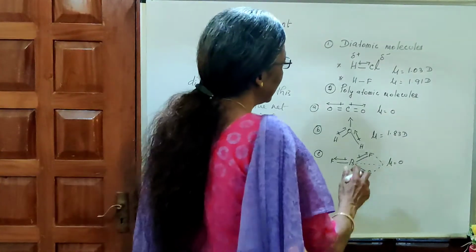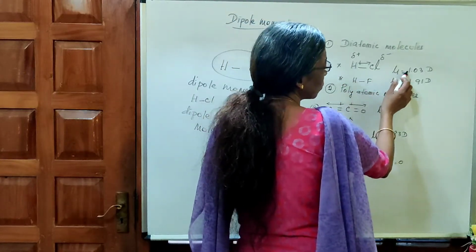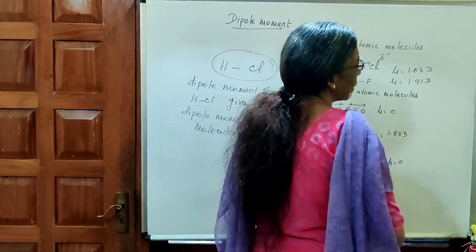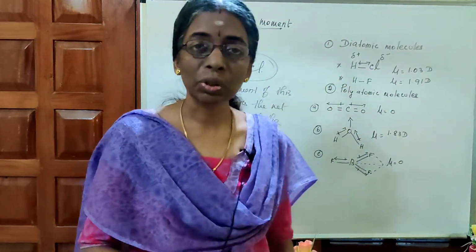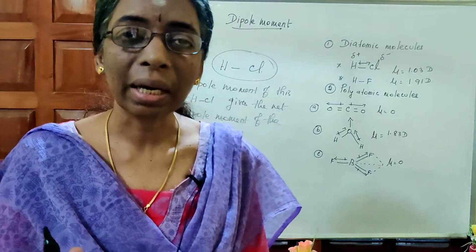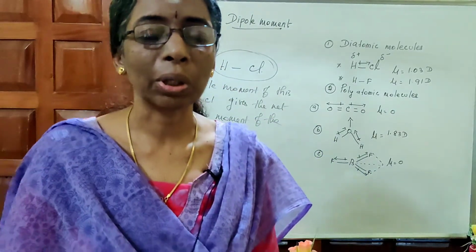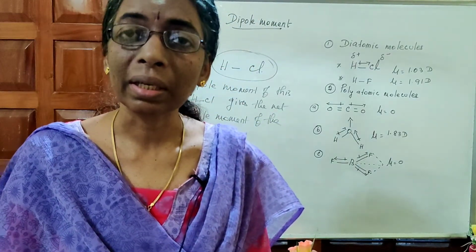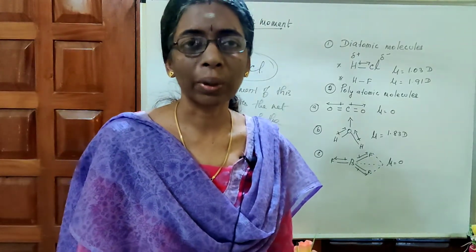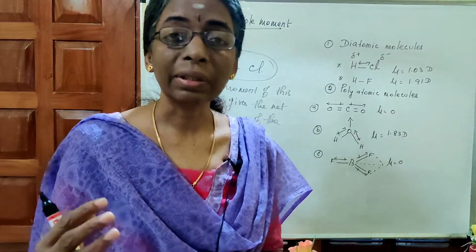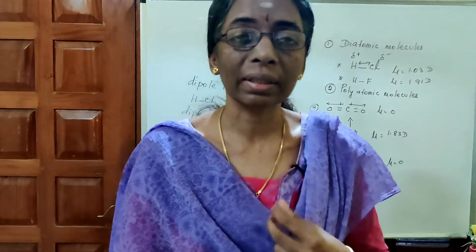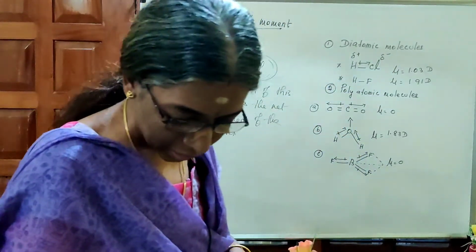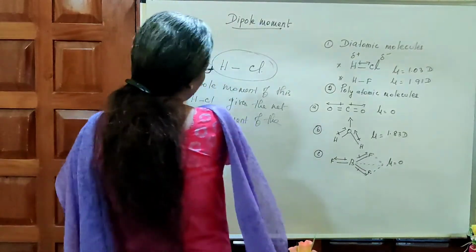For example, in HCl the dipole moment is 1.03 D, but in HF it is 1.91 D. So in a diatomic molecule, the dipole moment of that bond gives the net dipole moment of the molecule. When the electronegativity difference between the two atoms increases, they will have larger dipole moments. I think you understood the diatomic molecule case.